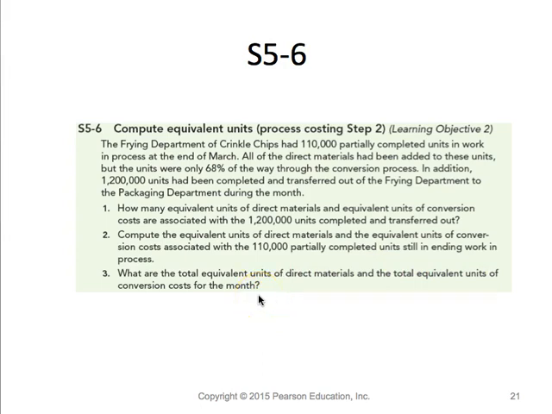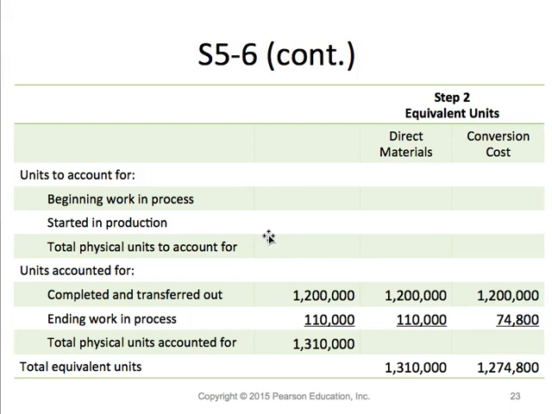So here, you're going to have 1.2 million that has been transferred out. So the raw material you have was still the same. Any work in process 110,000, so we're going to have 110,000 in raw materials, and still we have the same number here.